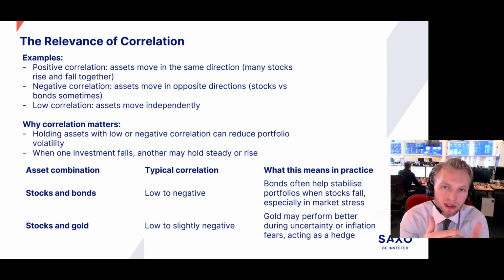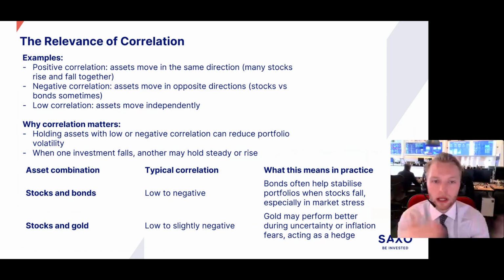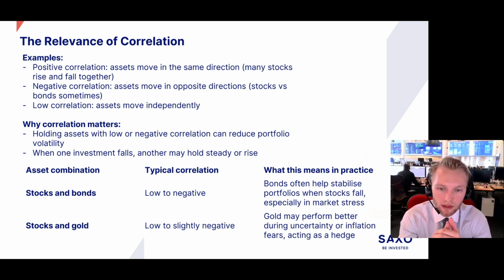So that's a positive correlation, meaning your stocks in the portfolio will move somewhat the same. Naturally, you can have some company-specific events like earnings or scandals that can affect them differently. But in terms of correlation, you will have somewhat the same price movements.